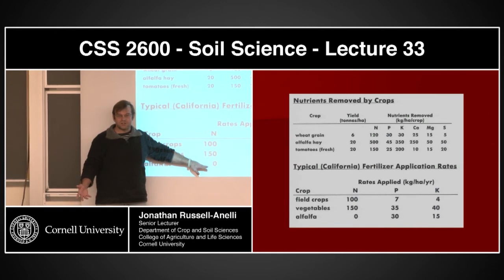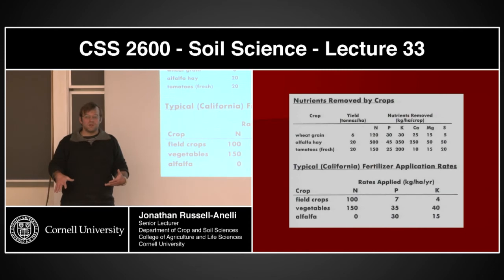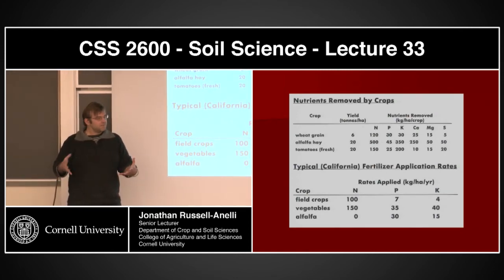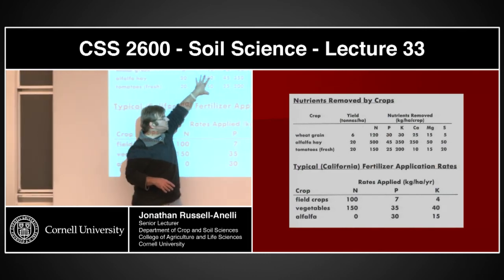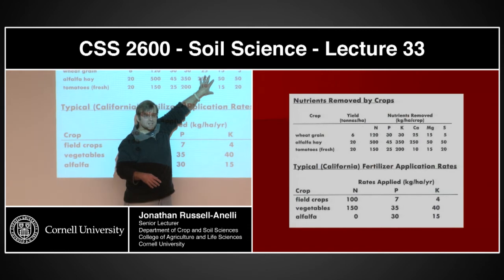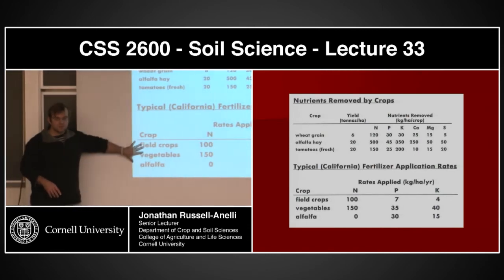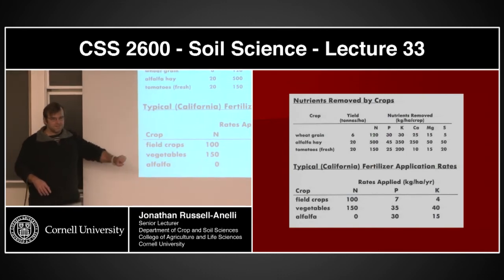If there's no nitrogen there, it's not a big deal because they can do nitrogen fixation. Does that make sense? So thinking about what your crop is, what you're harvesting, and what's leaving the system tells the farmer what to put in the system based upon the crop. Makes sense? Okay.